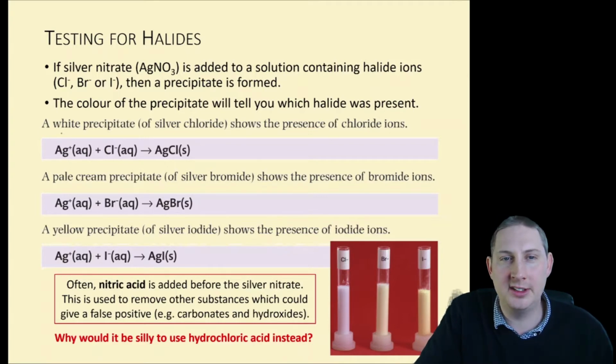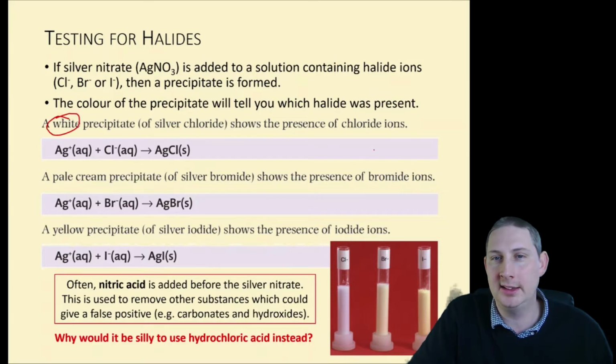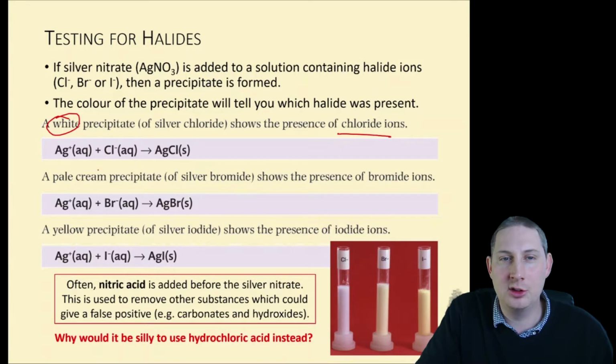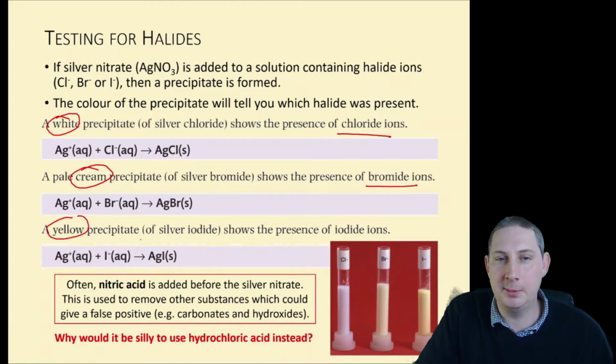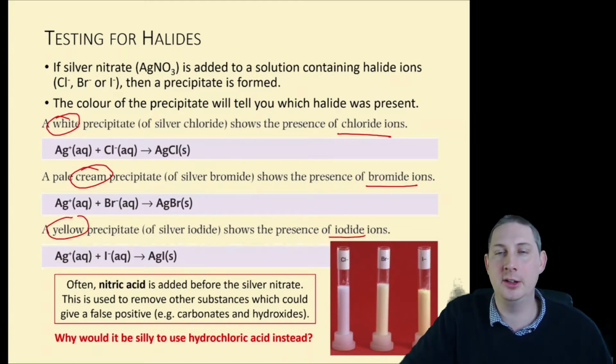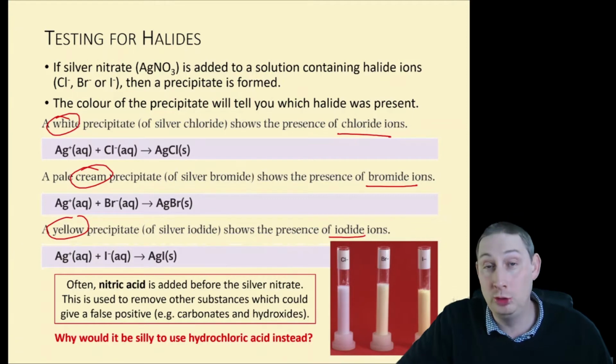A white precipitate tells you that chloride ions were present. A pale cream precipitate tells you that bromide ions were present. And a yellow precipitate tells you iodide was present. You do need to know all of these, so you are at some stage going to have to learn all of these colours and the ions that they indicate.